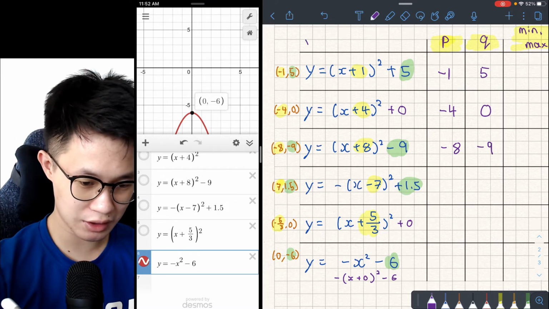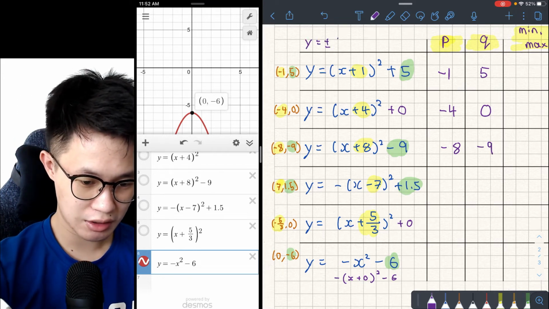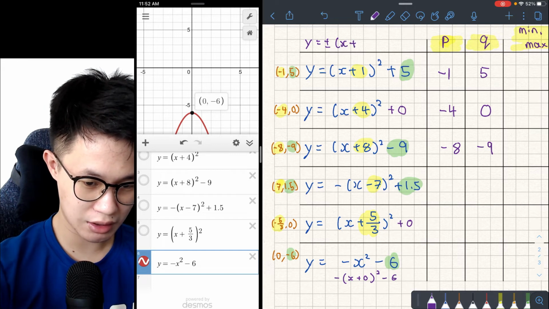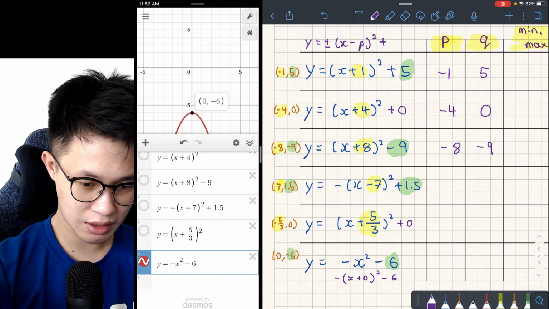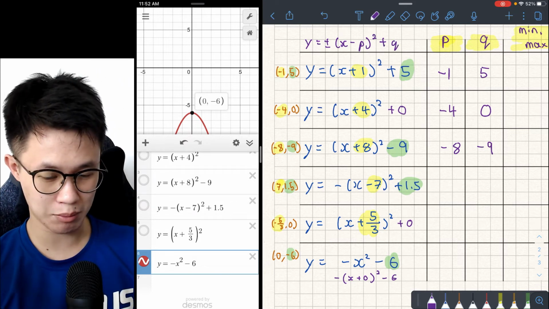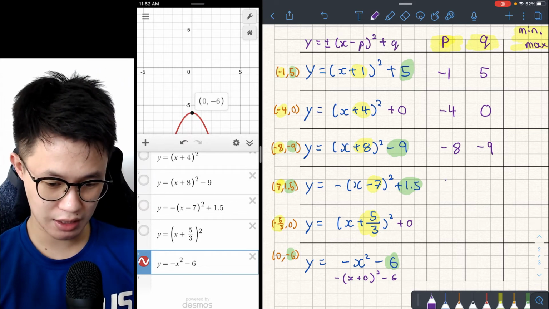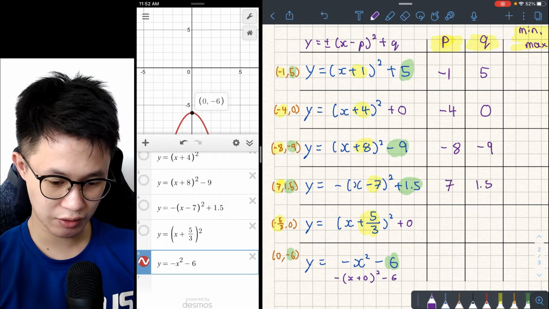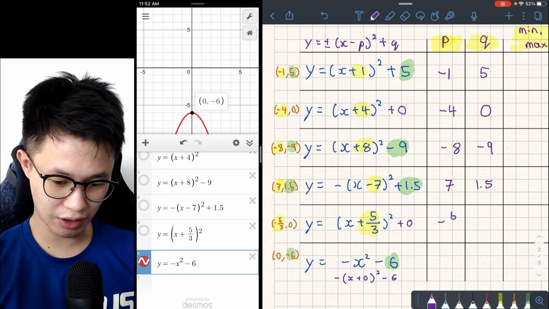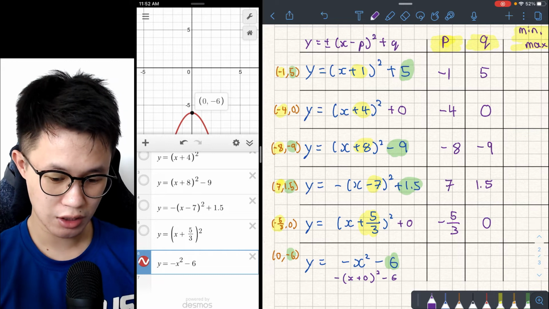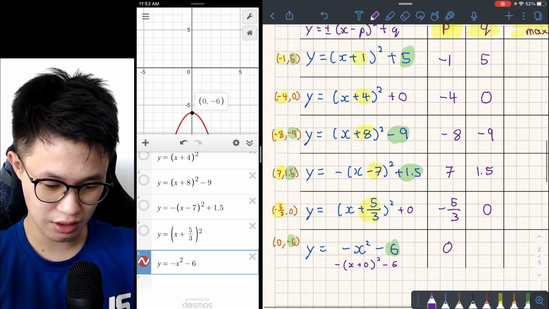Let me write down the general equation first: x minus p squared plus q. So we're just looking at p and q. This is 7 and this is 1.5, this is negative 5 over 3, this is 0, and this is 0, this is negative 6.